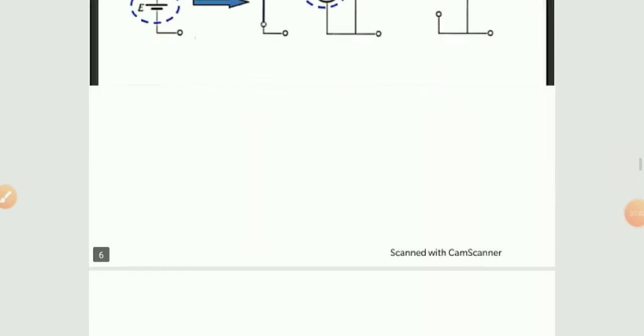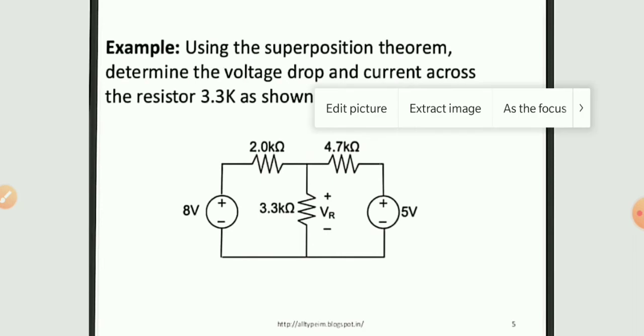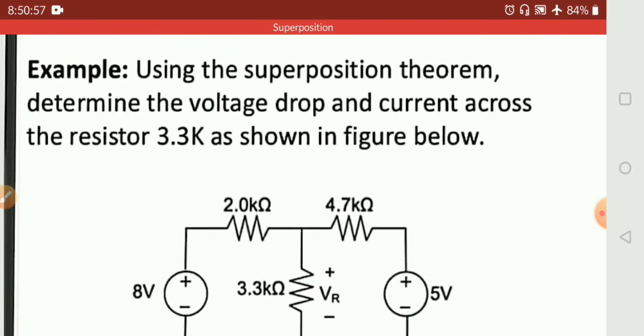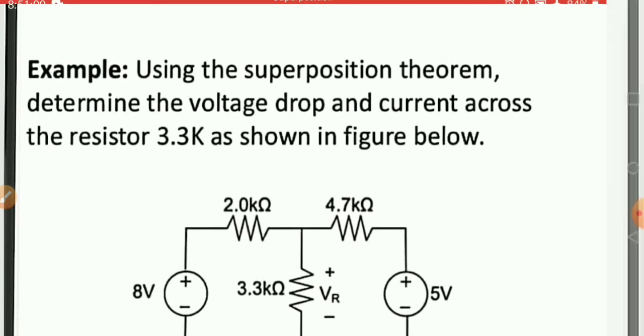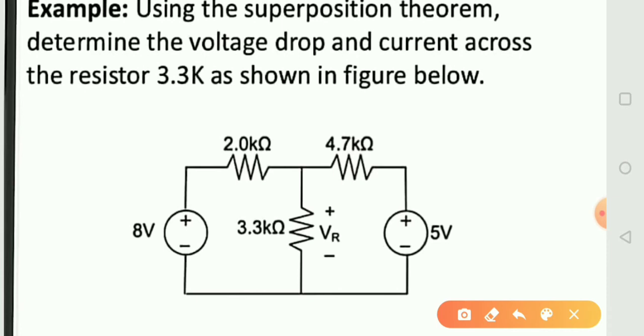Now we will discuss an example on superposition theorem. Using the superposition theorem, determine the voltage drop and current across the 3.3 kilo ohm resistance as shown in the figure.